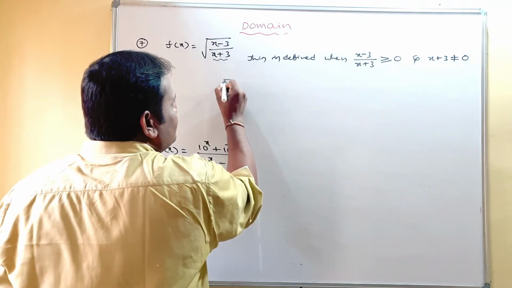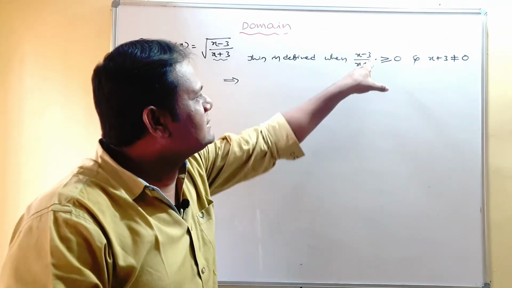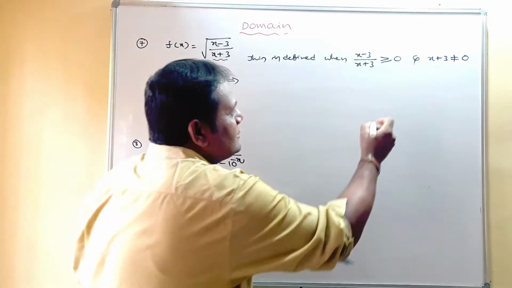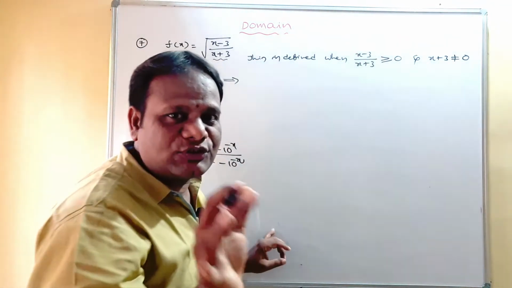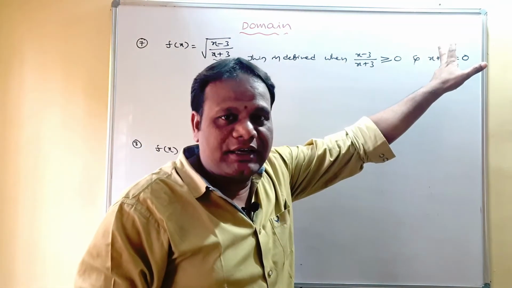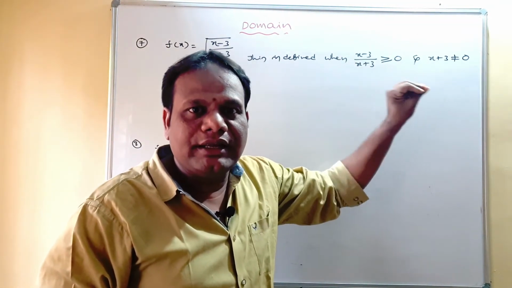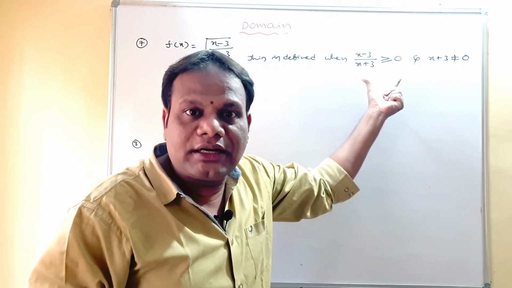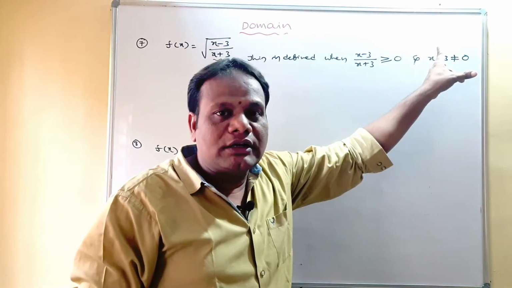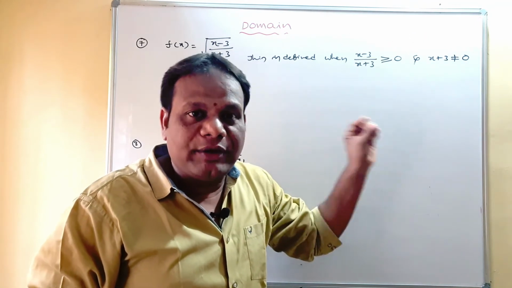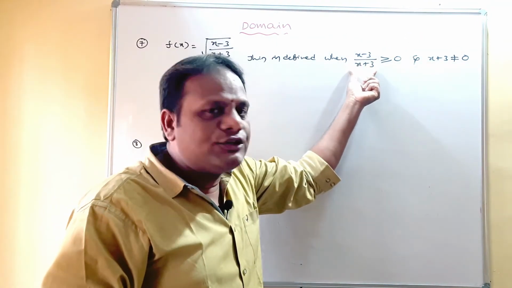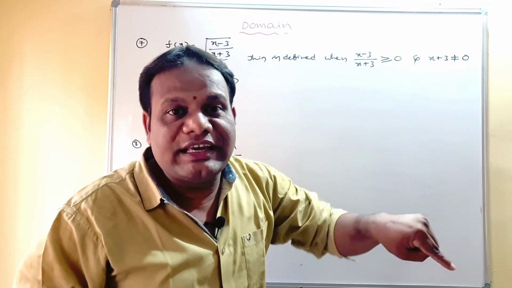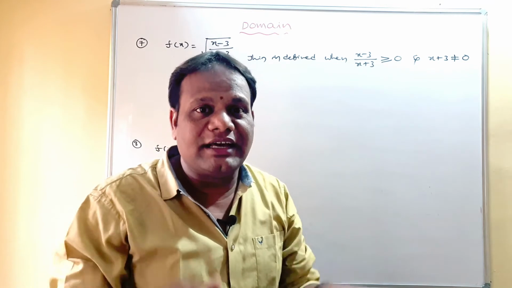Right. Now we simplify that. Listen carefully. Here we have (x minus 3) by (x plus 3) greater than or equal to 0. To simplify this, some students do cross multiplication. That is wrong. In any inequality, without knowing the sign of the denominator, we can't go for cross multiplication. Why? If it is positive, it's not a problem. But if it is negative, you should change the inequality sign.